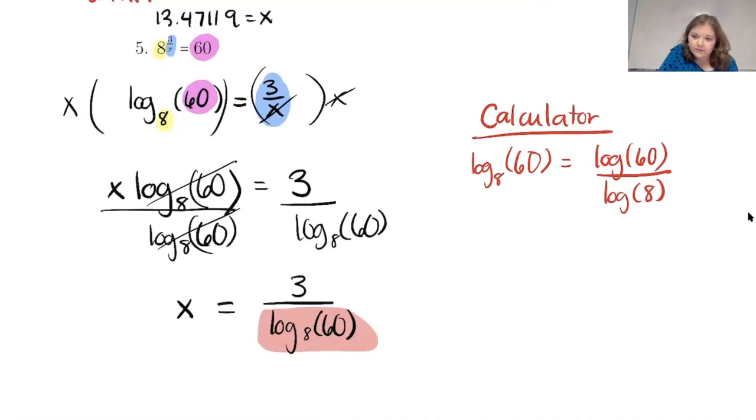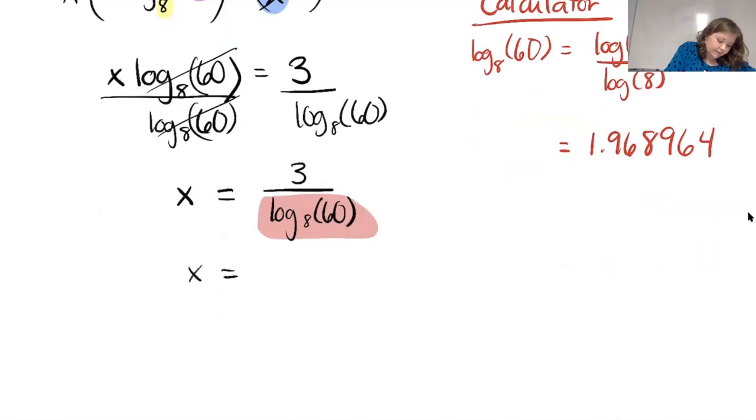You could use the natural log there if you want. But we're just going to do the common log that has base 10. And then when you type that into a calculator, you should get something like 1.968964. And it would keep on going, but that's rounded out more than enough.